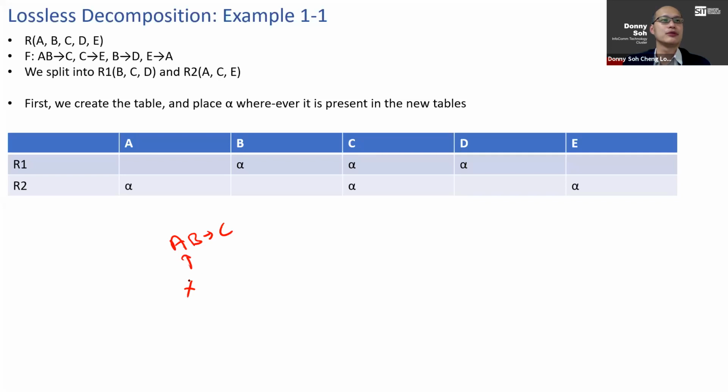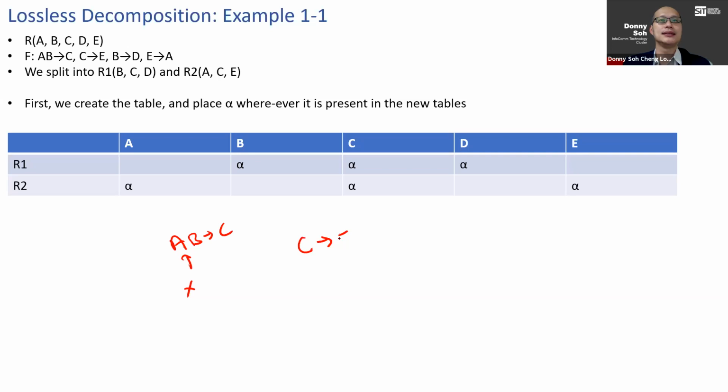I do not have two or more rows on my left hand side that have the distinguished variable. I only have one here and one here. So I don't have to consider this functional dependency for now.